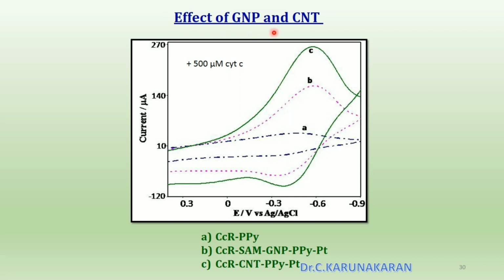Here I have shown the role of gold nanoparticle and CNT. This is the CNT modified electrode cytochrome C current response, and this is the current response for gold nanoparticle, and this is without any nanoparticle. As you see, in the presence of nanoparticles, the current response is significantly greater for the cytochrome C biosensor.